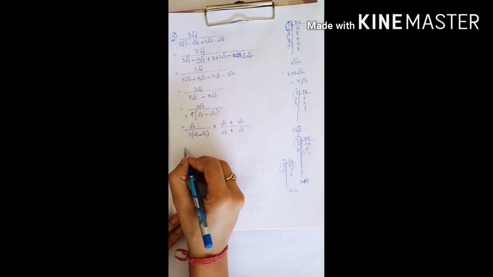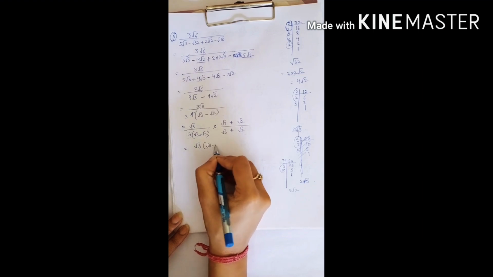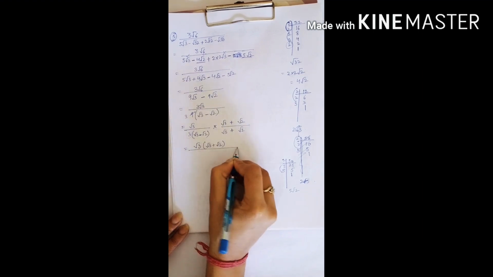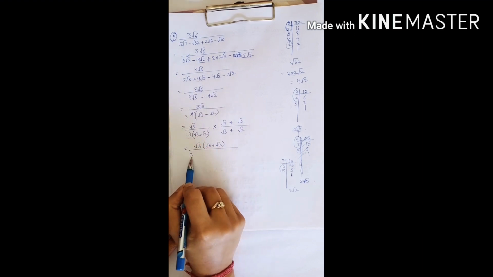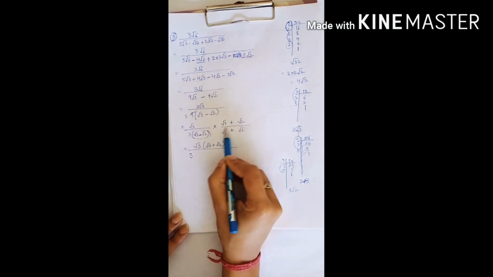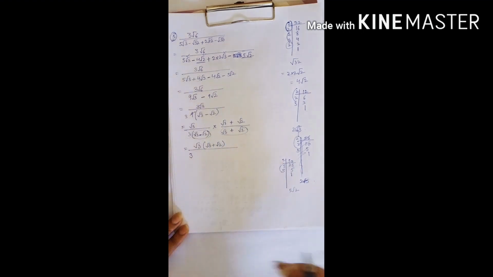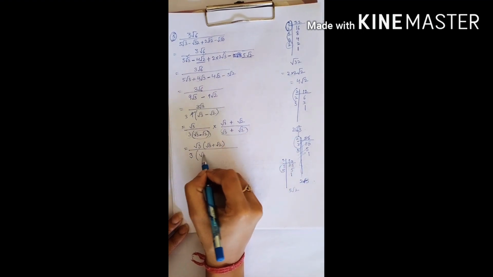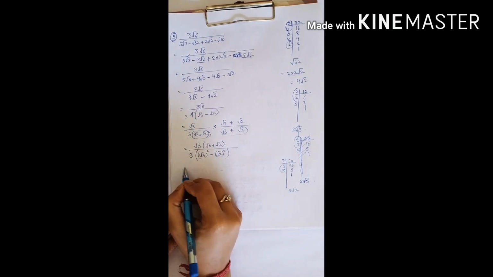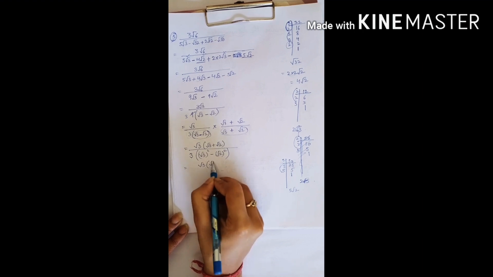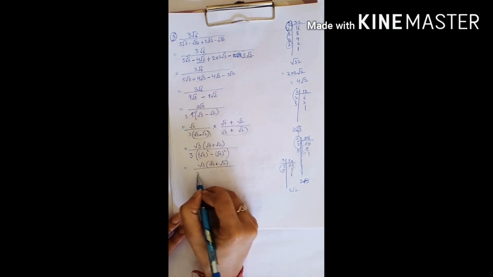Okay, now multiply it. Root 3 is multiplied with this, divided by, now 3 we will write here. And how will we multiply these two terms? It is a minus b, it is a plus b. Now a square minus b square, root 3 square minus root 2 square. Okay, so root 3 plus 2 divided by 3. What will we get?